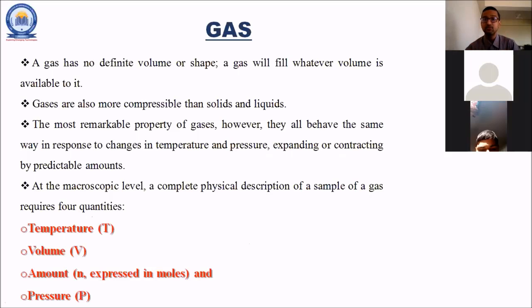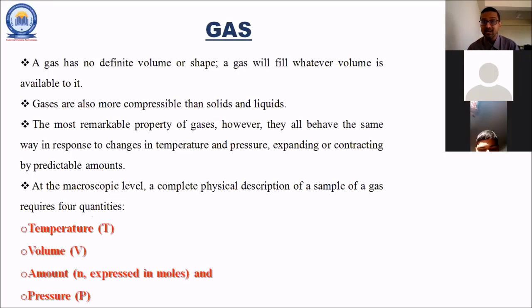The gas always takes the shape of the container. Generally, if we consider the parameter of compressibility, then gases are considered to be the most compressible as compared to the solids and the liquids.